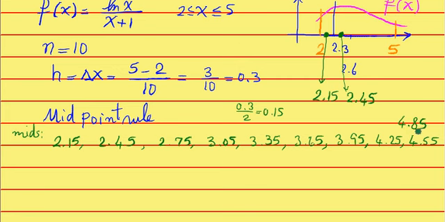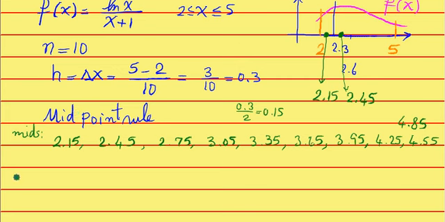Why is this the last one? The next one will be 5.15, will be out of the interval we want. Also, how many points we have? 1, 2, 3, 4, 5, 6, 7, 8, 9, 10. We wanted 10 panels. We have 10 points, and we are all done.